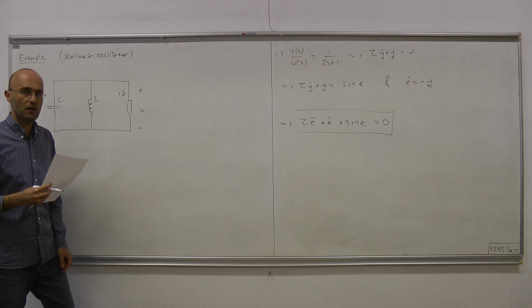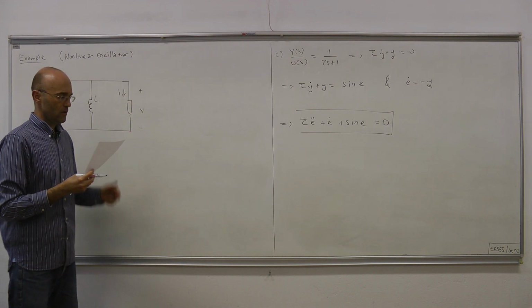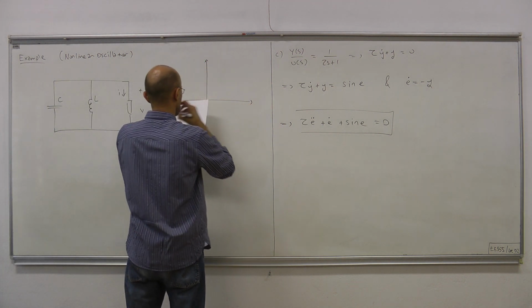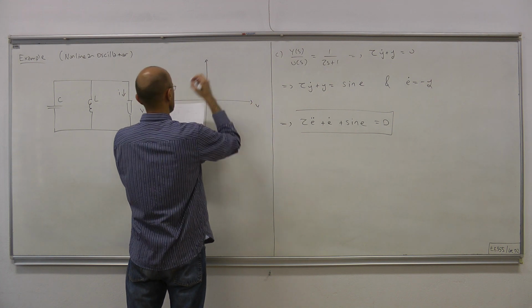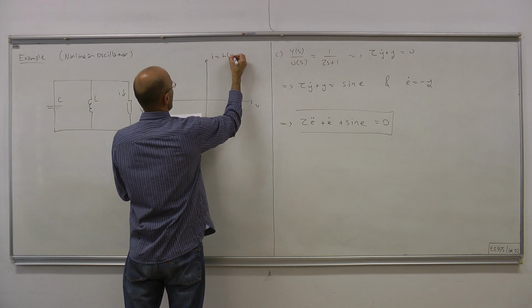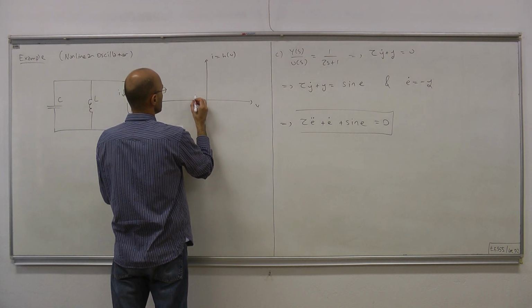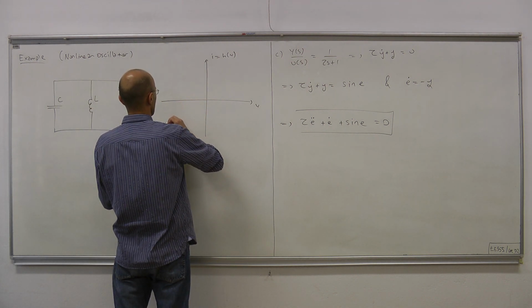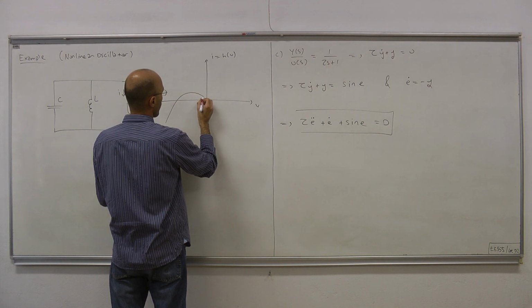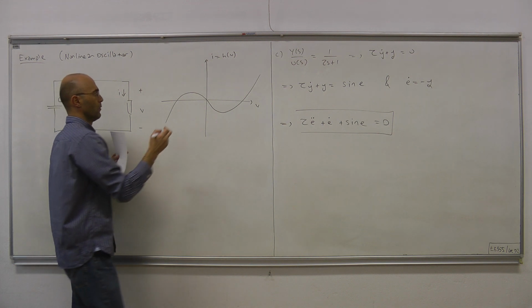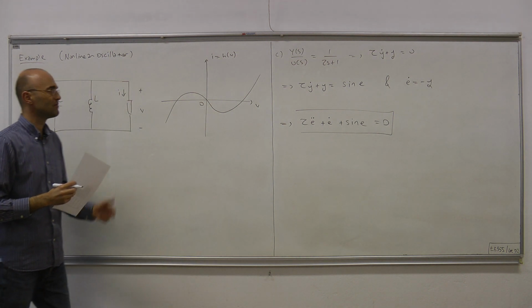the voltage current relationship for this nonlinear resistor is, suppose, of the following form. Well, this is the origin.